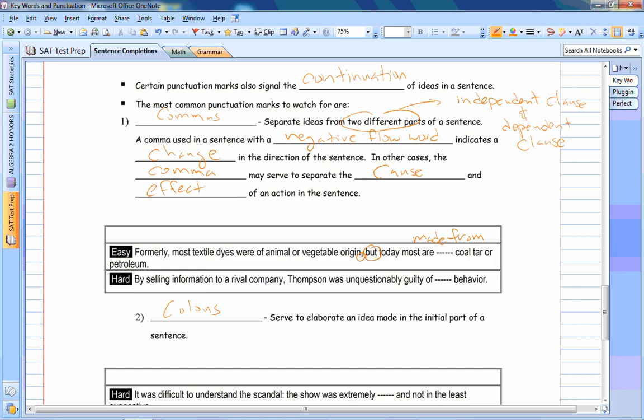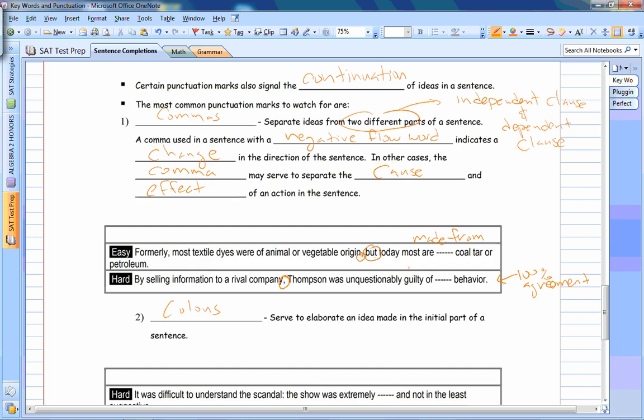But anyway, if we look at this, we see the comma. He sold information to a rival company. That's your dependent clause, because that can't stand on its own as a sentence. The second part is your independent clause. He'd be unquestionably guilty of. So in this case, we want 100% agreement, because we see this as cause and effect.